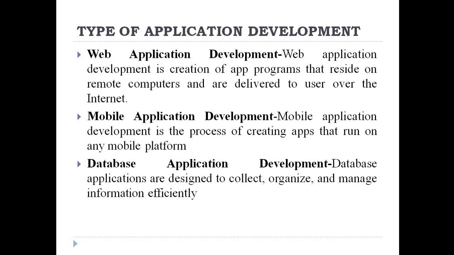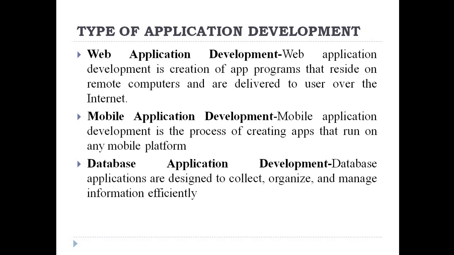Then third is mobile. So mobile means what? Some applications that we create are available or run on the mobile platform also, right? So such software or applications are called mobile, because nowadays everyone knows mobile devices are very common and available everywhere in real life, even school children use this device.